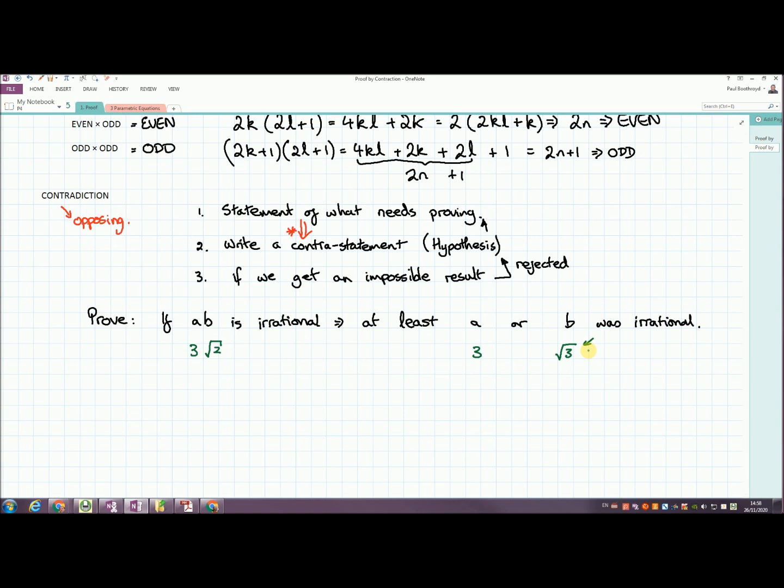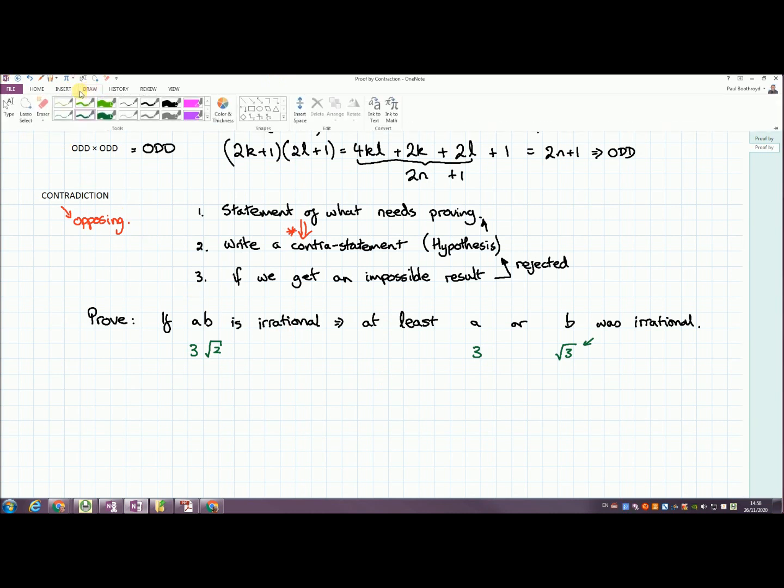It doesn't necessarily mean that, and this is where the caution comes, some people would turn around and say that if A is irrational and B is irrational, then we can prove that it's wrong by proving that it is rational. It's not always true, but it can be true. So we need to carefully choose our contra statement.